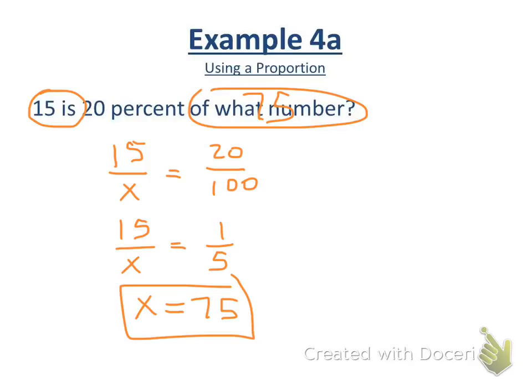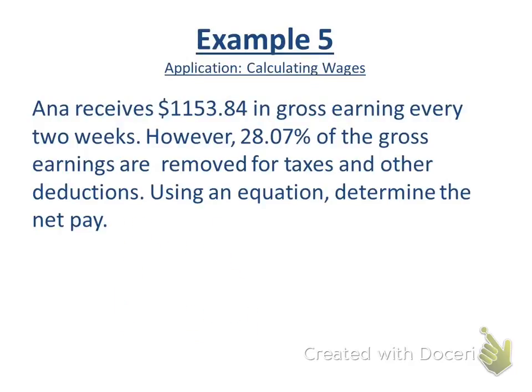All right. Let's look at a couple of money examples of where we can use a percentage. Now this says calculating wages. Anna receives $1,153.84 in gross earnings. So this gross earnings, there's a term we need to know what it means.